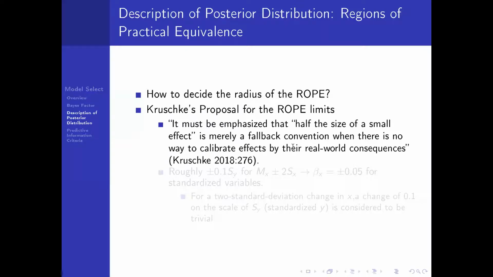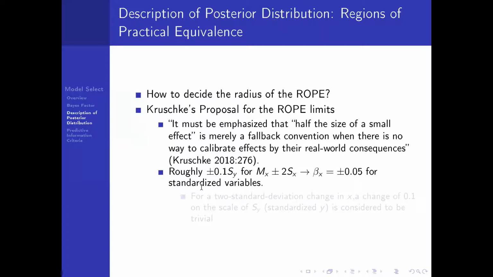Basically says, well, if there's no well-established theory and empirical evidence, cumulative over time, to give us a clear idea about the radius of the ROPE, then here we have half the size of a small effect as a good starting point.